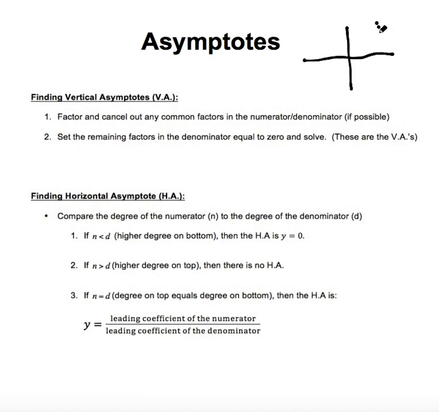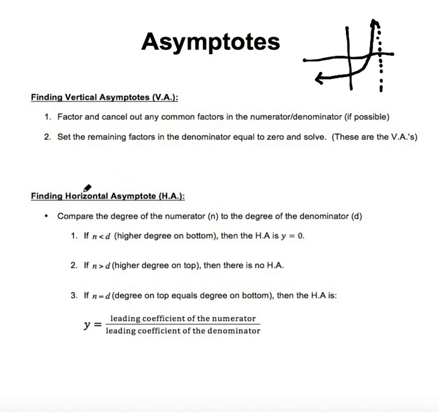So I'm going to draw it as a dotted line. An asymptote is something that we approach but never touch. So let's say my graph looks something like this. Okay, so my graph is approaching that dotted line, but it never touches it. So that dotted line here is a vertical asymptote.